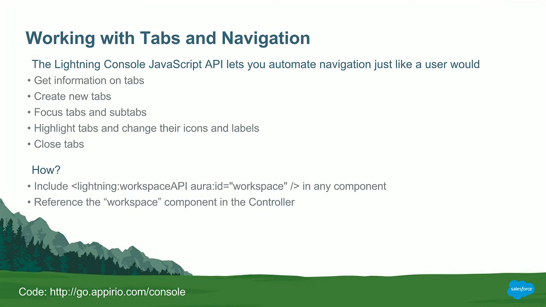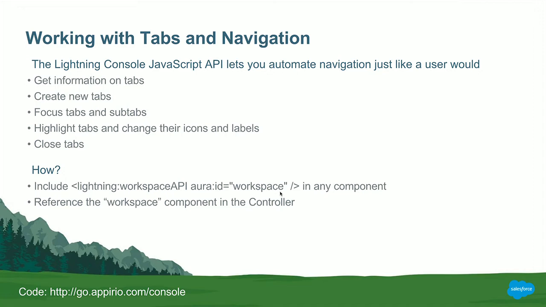All you need to do to enable any Lightning component anywhere in your system to communicate with the console and control the console is drop this one tag in there, Lightning Workspace API, and then you give it some name. So we've given it the name Workspace. You could call it whatever you want.